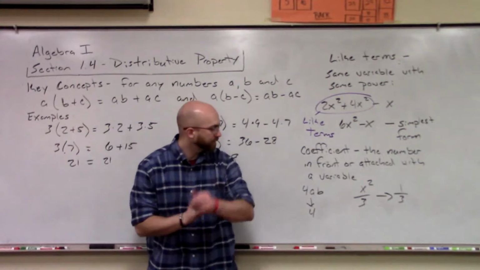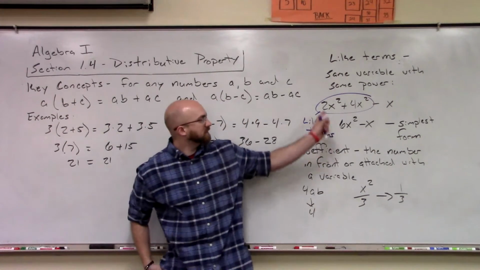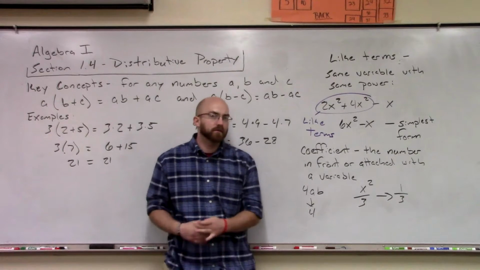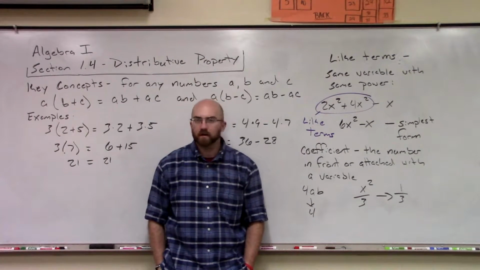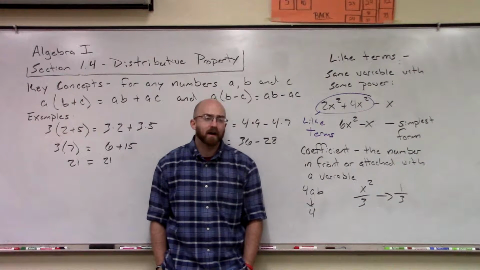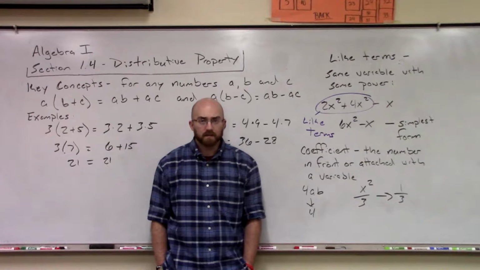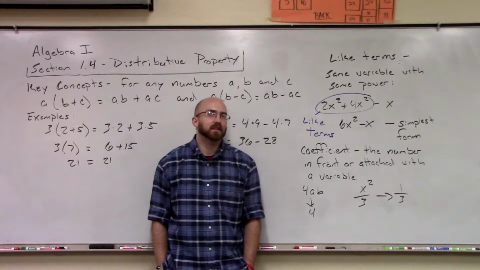That's simplest form. What we added, this 2 and this 4, we call those coefficients. So we add the coefficients together. That's basically all we're doing when we have like terms. How I phrase it is coefficients are mostly the numbers in front or attached to our variables. That's, I think, the easiest way to understand it.